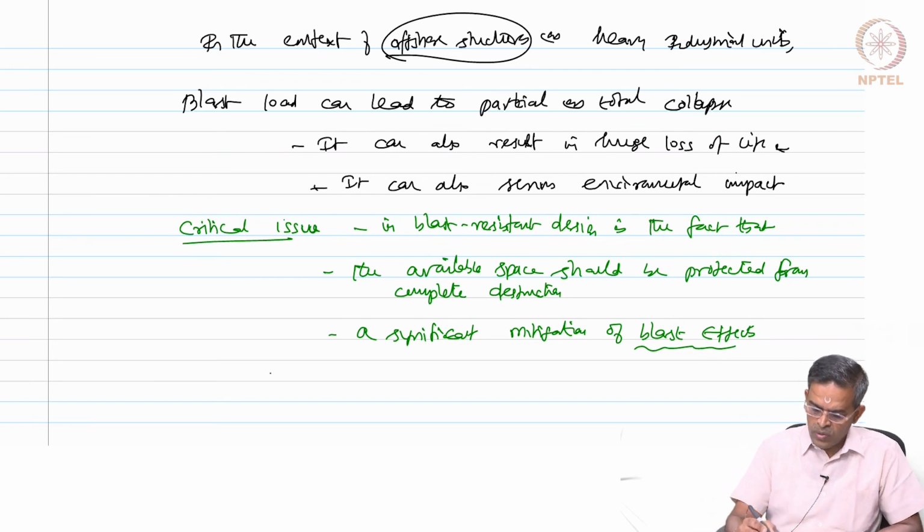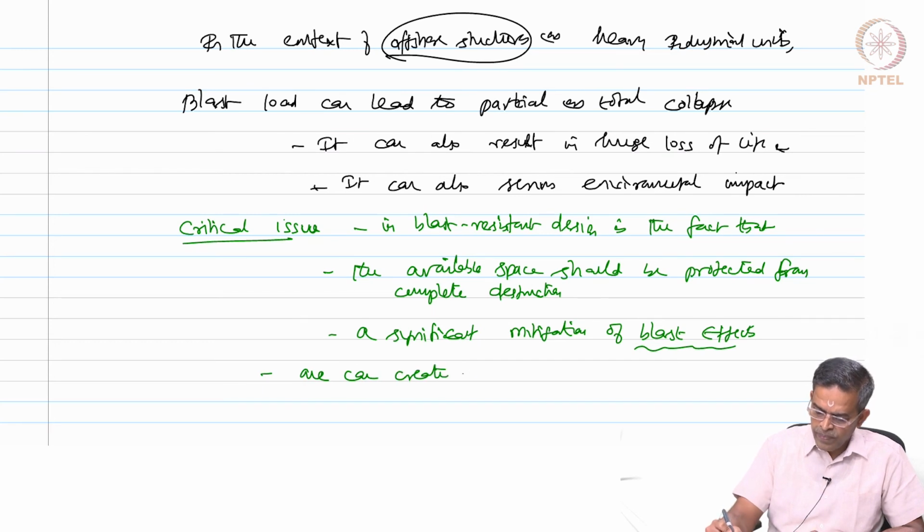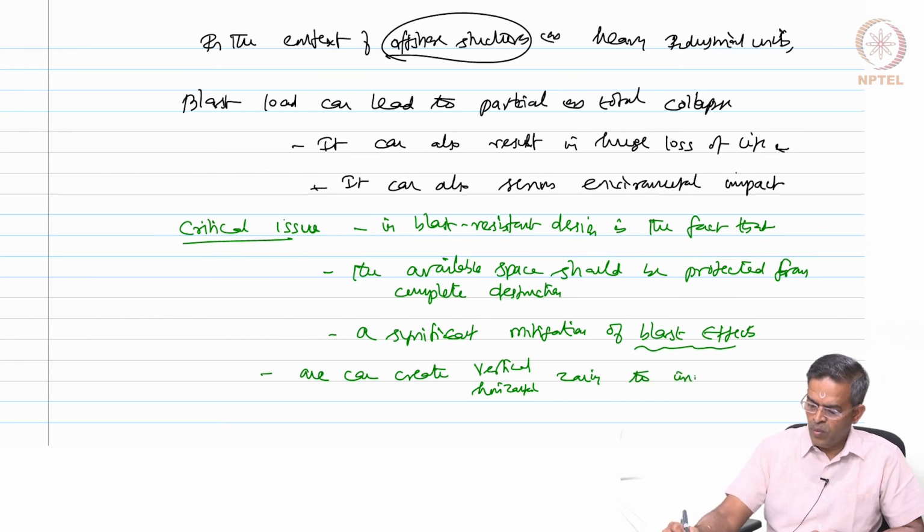So, one can create a vertical or horizontal zoning to improve safety against blast loads.